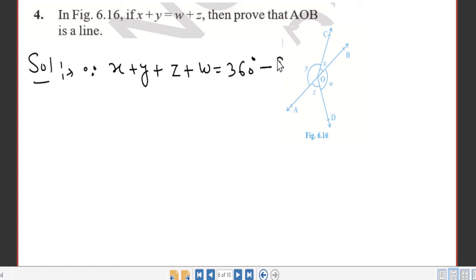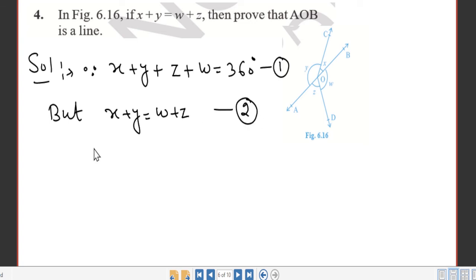360 degree. This is also known as complete angle. But it is given that x plus y is equal to w plus z. Let us suppose that it is equation number 2. So from 1 and 2, either in place of this x plus y we write w plus z, or in place of z plus w we have to write x plus y.